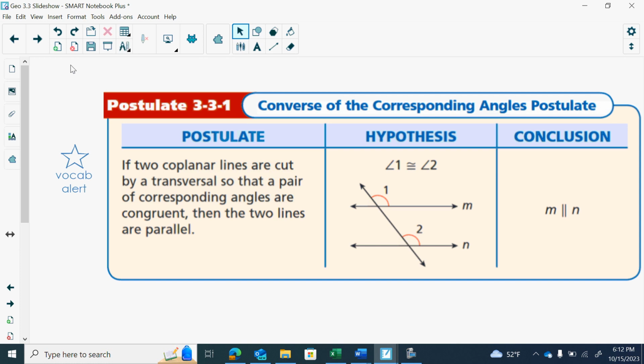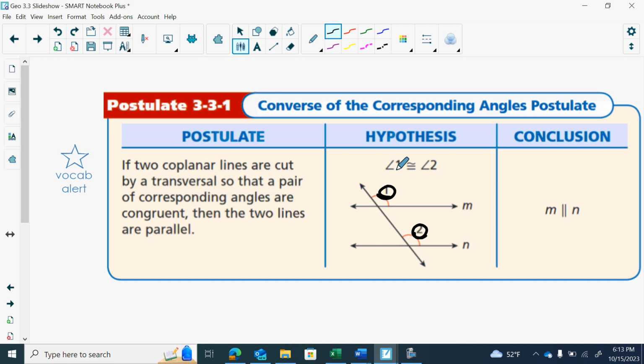It says, if two coplanar lines are cut by a transversal so that a pair of corresponding angles are congruent, then the two lines are parallel. So here are two coplanar lines cut by a transversal, and they're talking about this angle and this angle. If you were given that those two angles are congruent, then you can say that those two lines are parallel.